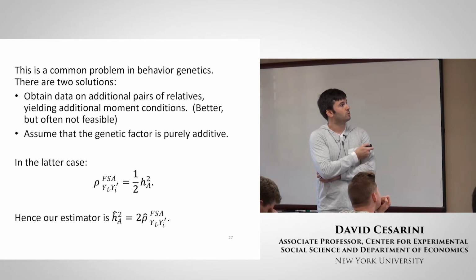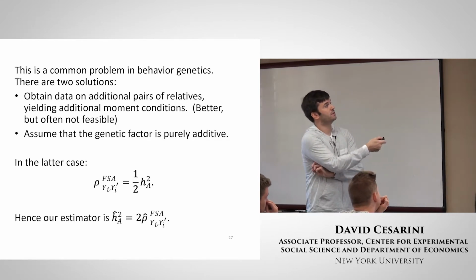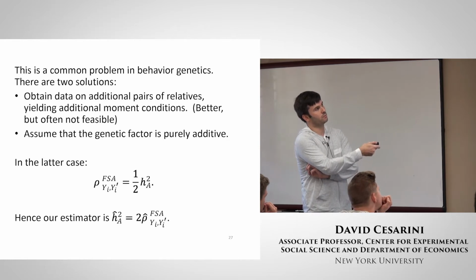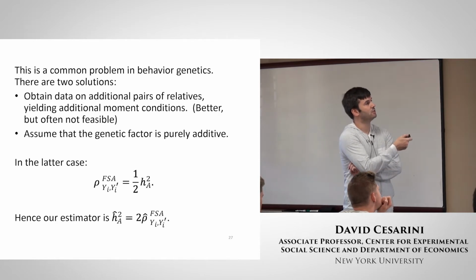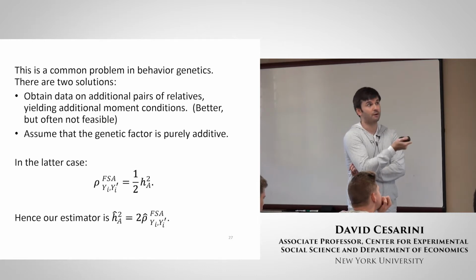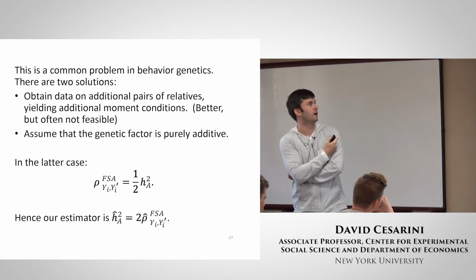Okay, so we make some assumptions. Maybe our assumption is that we think that there is no epistasis, in which case the theory is going to say only these two terms matter. So our moment condition is going to be that the correlation between full siblings reared apart is equal to 1/4 times narrow heritability plus 1/2 times narrow heritability plus 1/4 times dominance.